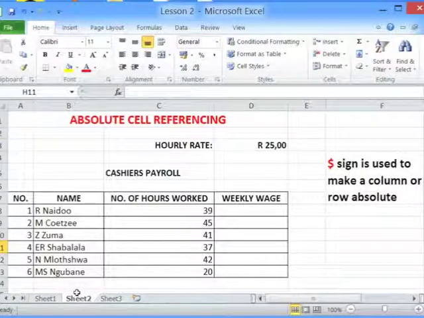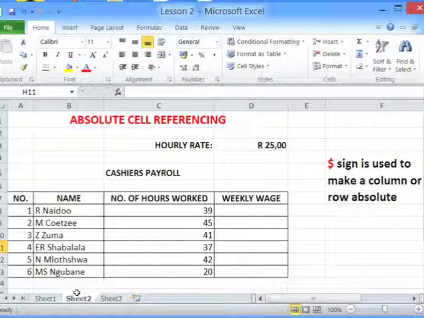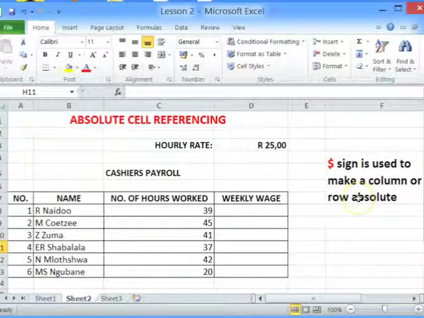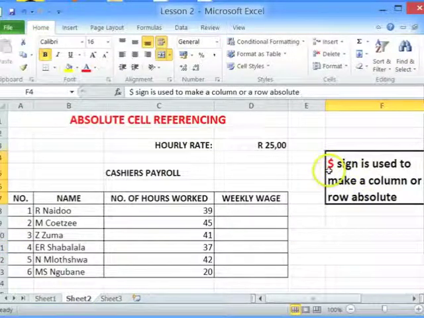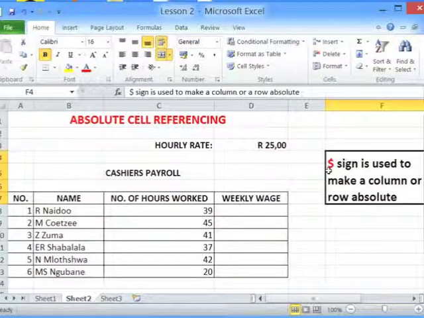To make a cell reference absolute, we use a $ sign before the column letter or the row number. So once again, just to reiterate, we use the $ sign to make a column and a row absolute. The $ sign must come before the column that you want to make absolute, and it must come before the row that you want to make absolute.